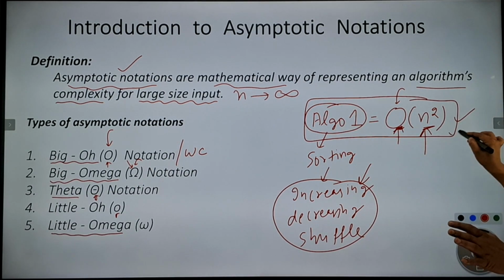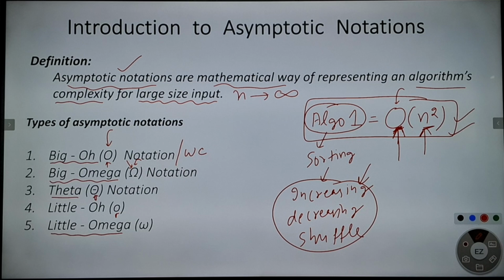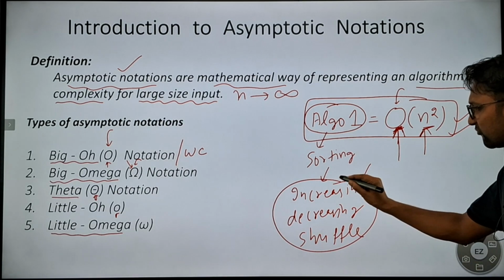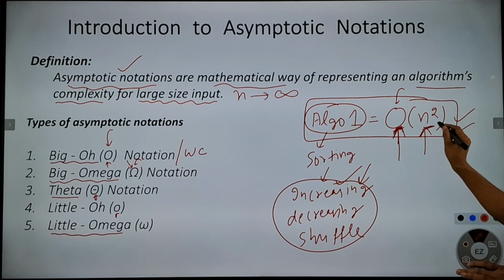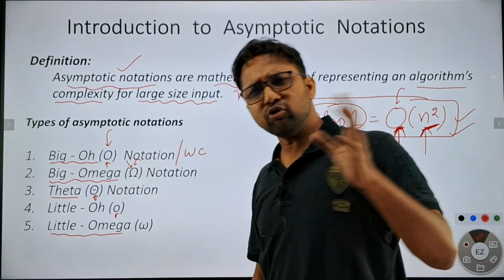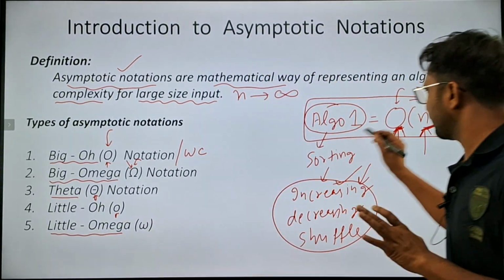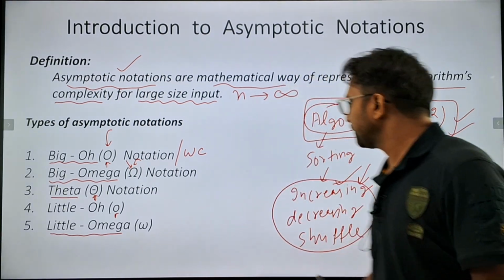From this statement, I cannot say anything about the minimum time. But I can say that this symbol always tells me the worst case time complexity. So this statement means that for any type of input, the algorithm will take n square time at maximum. This is the information we are getting from this symbol, and now you can use it anywhere. So big O notation represents the worst case time complexity.